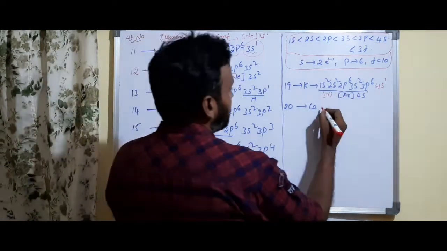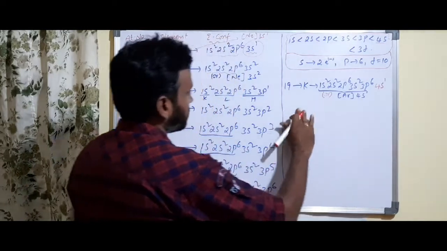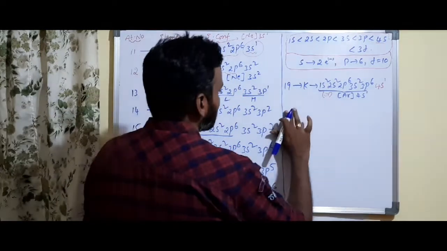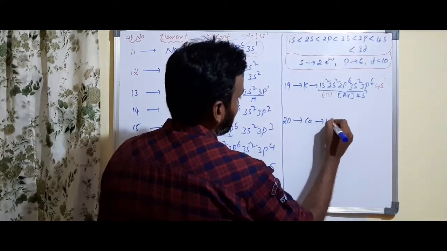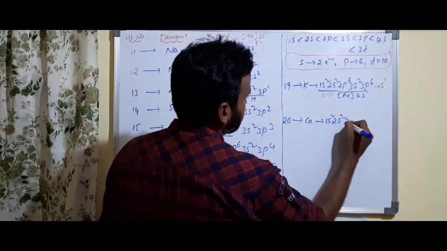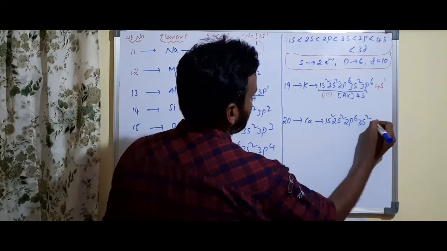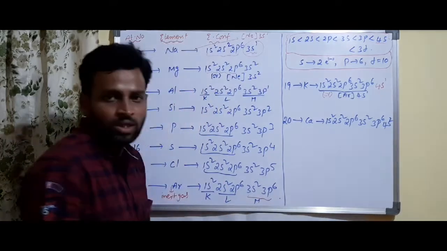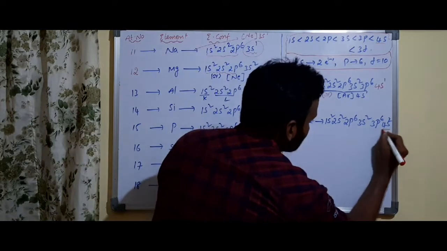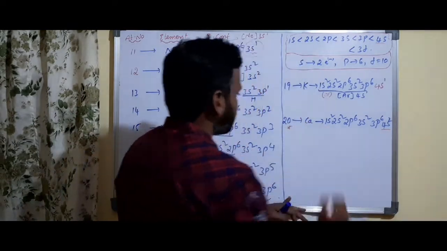And next is calcium. If you want, I will write by giving some space. This is calcium: 1s2, 2s2, 2p6, 3s2, 3p6 and 4s2. See, now 4s is also filled up to calcium.